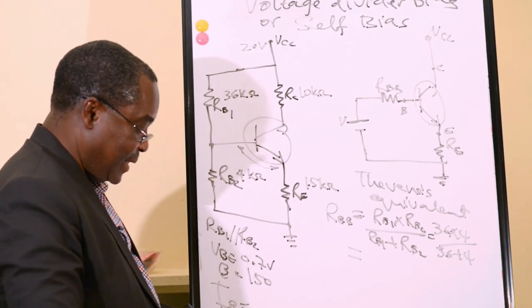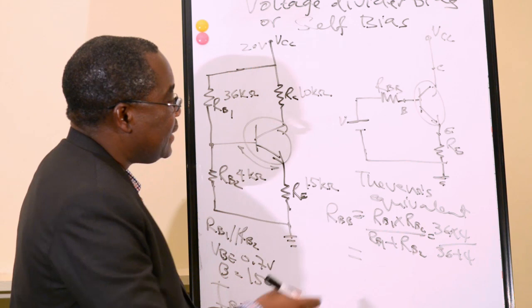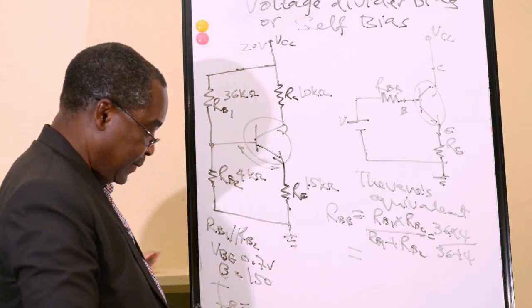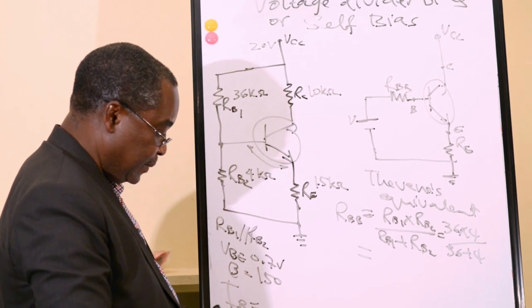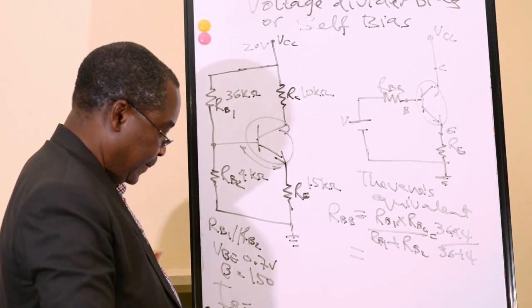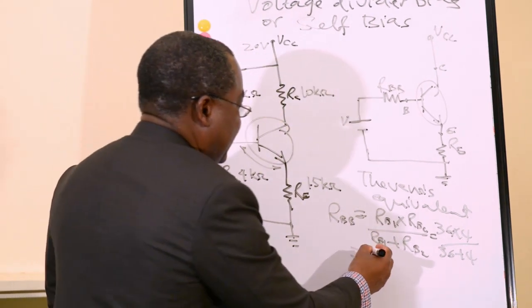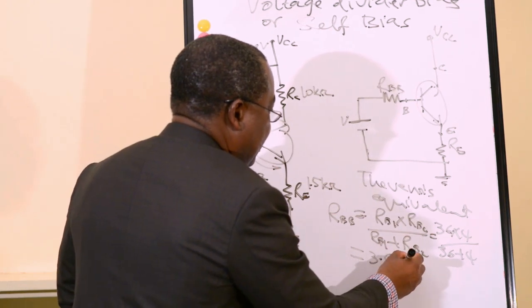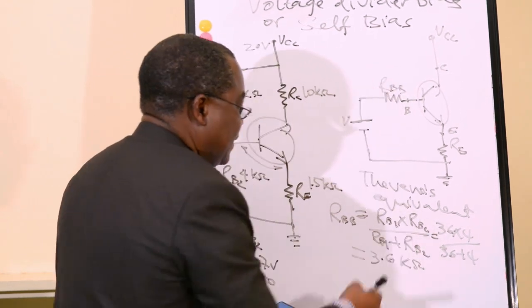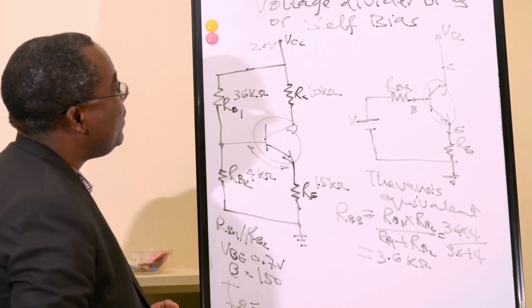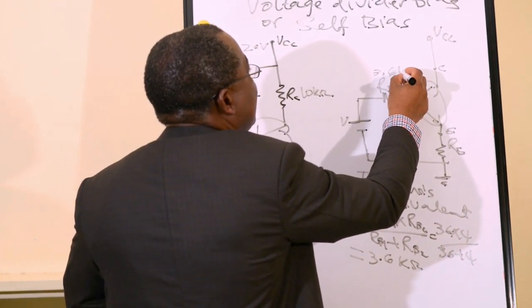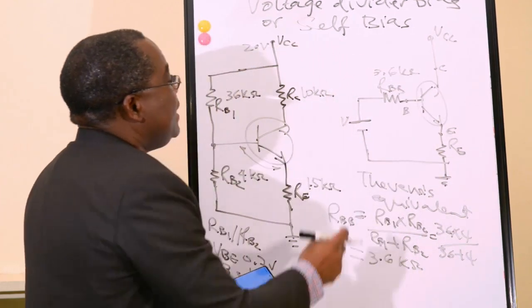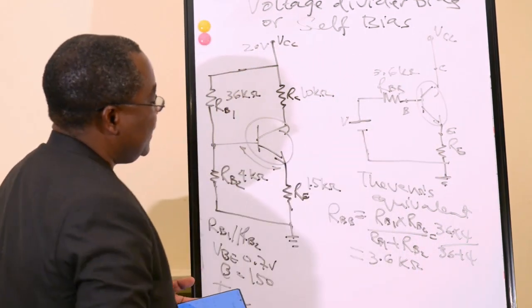We take our calculator and have 36 times 4 divided by 40. We have 3.6 kilo ohms. That's our RBB, 3.6 kilo ohms.